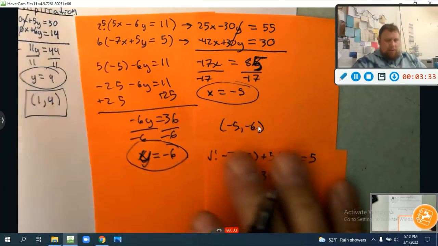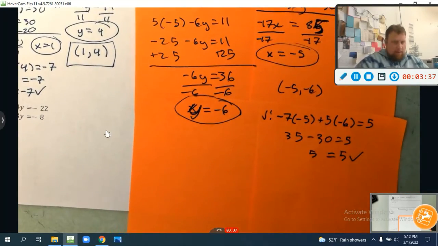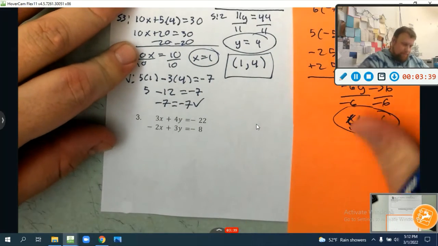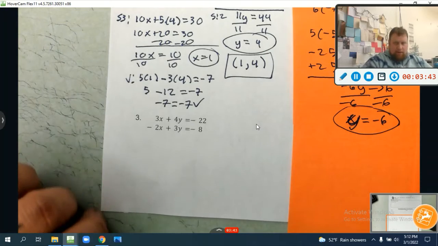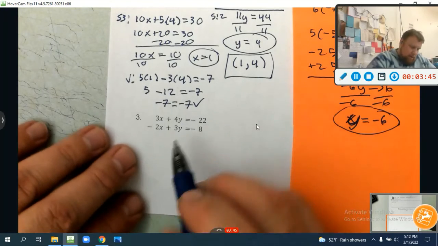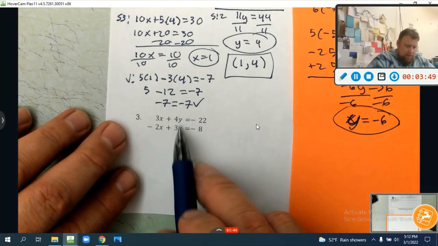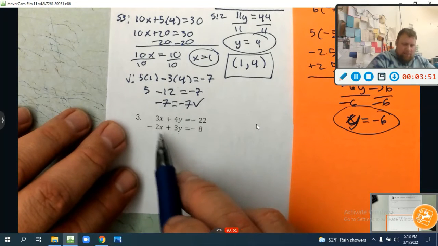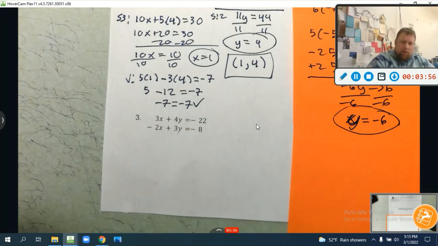Okay, got a little bit of a small area left, but we're going to try to see if we can fit everything in. Let's see if I can do this using the least amount of room possible. Looking at this, notice these are the same. These are opposite, so if I have to multiply both equations, might as well make the ones that are already opposite signs work.